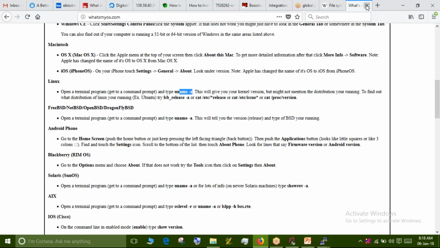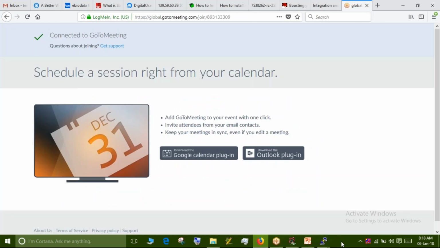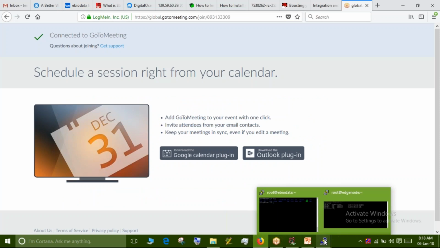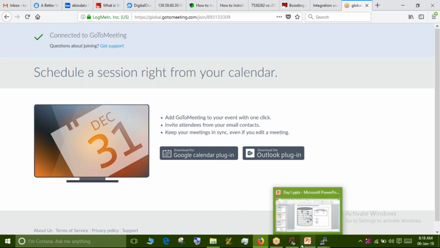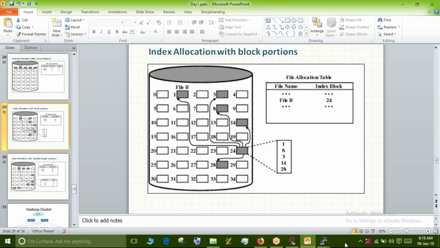See, ultimately the goal of this training is that you need to get the concept. That's the only goal. No other goal, right? You should get the concept. How you got the concept, either with your effort or with my effort, is different. Just before this session, you were not aware of certain things.